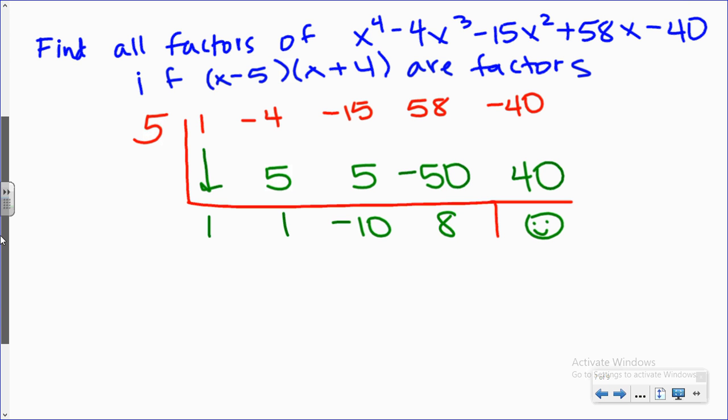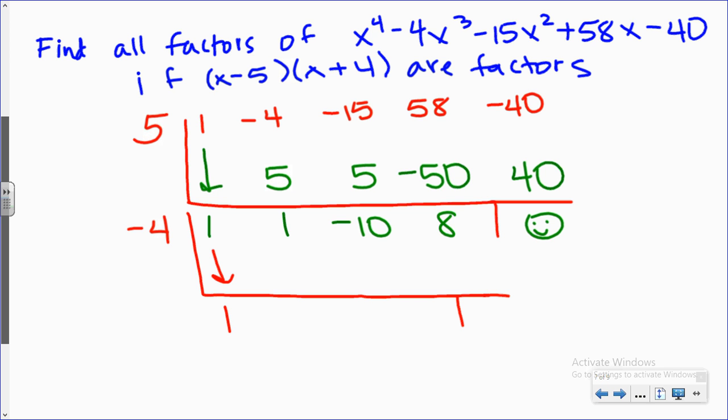With whatever is left over, our next factor should also be able to divide into it if it's already a factor of the original one. So instead of going back to the original one, we can do synthetic division again on what we factored out.